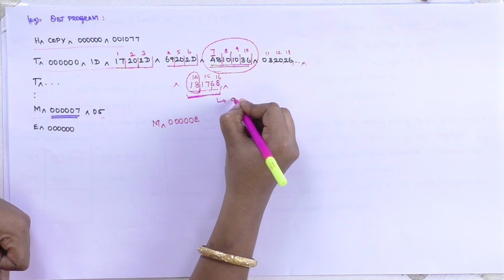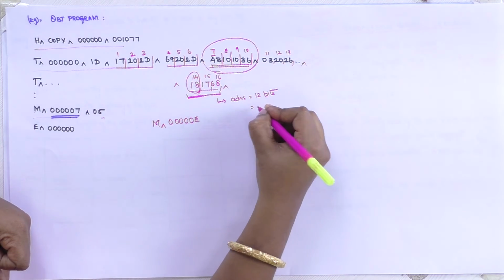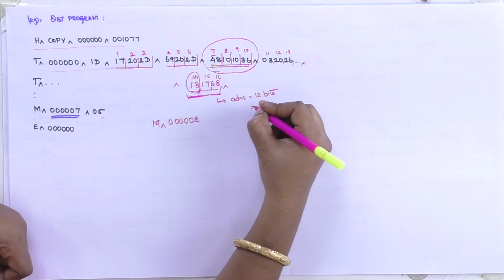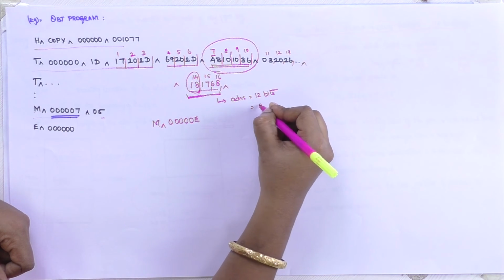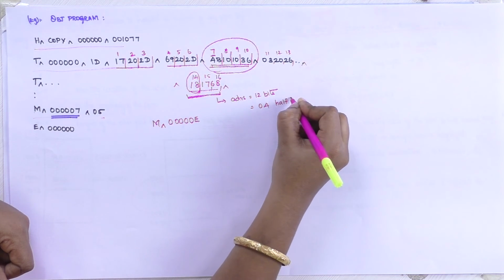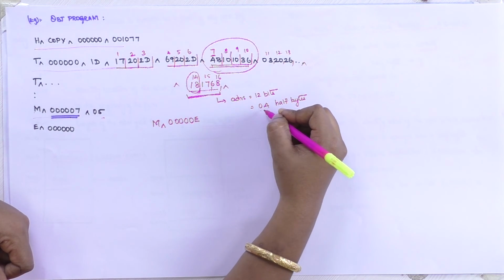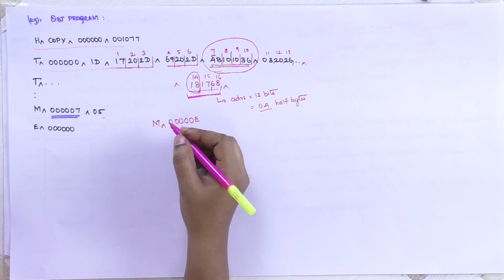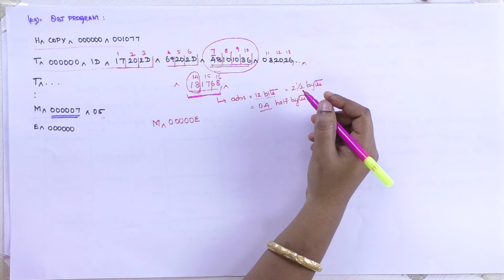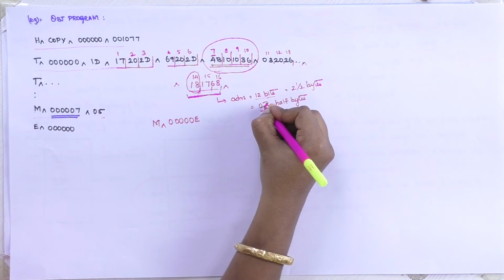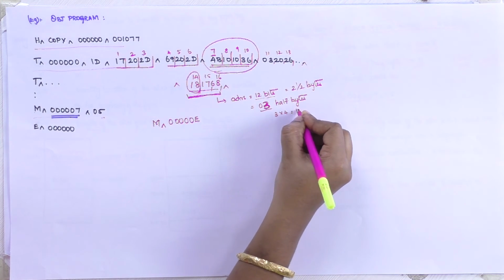For a format 3 instruction, the address field is 12 bits. 12 bits means how many half bytes? 3 half bytes, since 3 fours are 12.